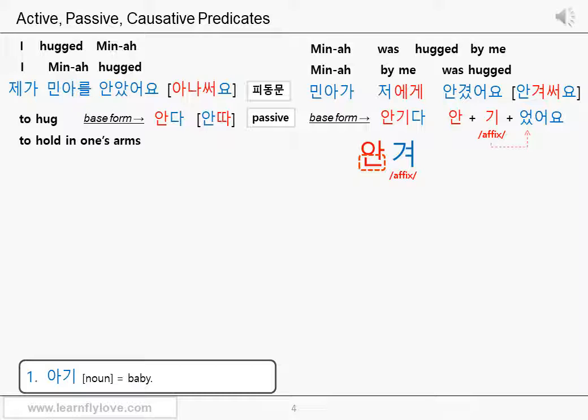Don't worry. Let's think about the sentence we saw in the previous page. A tuna was eaten by a shark. 참치가 tuna, 상어에게 by a shark, 먹혔어요, was eaten. What's the one that ate a tuna? It was a shark. So a shark was the one who performed the action eat, right?